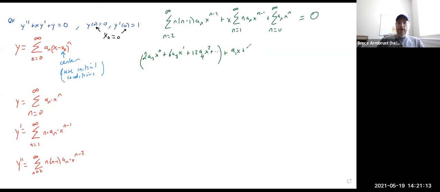Plug in 2, I'm going to get 2 a sub 2. 2 minus 1 is 1, so that's x times x is x squared. We'll do one more. You get 3 a sub 3 x cubed, plus dot, dot, dot. So there's that guy. And then this one is super easy because it's just our generic power series.